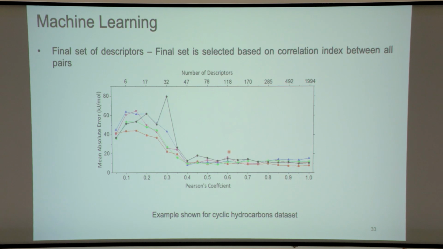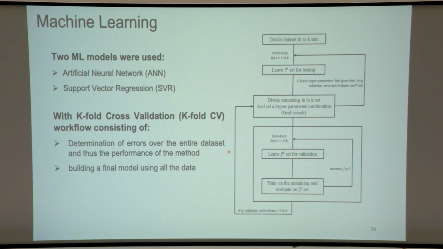So I'll skip over a few slides. I mean, machine learning is machine learning. You can take the course from Andrew Ng, and you'll know everything about machine learning. We use different types of machine learning models, neural networks and support vector regression models. Because the data sets we're using are pretty small, maybe 2,000, 3,000 different species, you don't need a deep neural network.